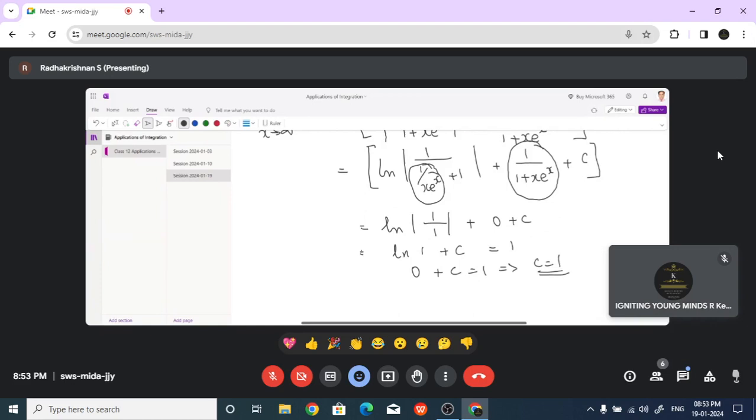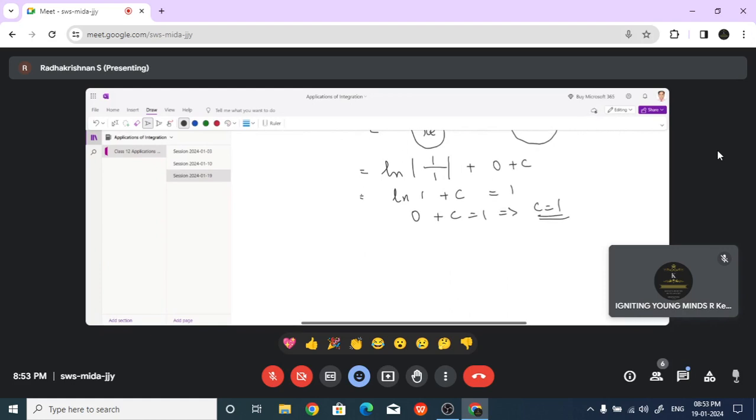Now we have to substitute and find out f of 1, or L of 1. So L of x is equal to ln of x e power x divided by 1 plus x e power x, plus 1 by 1 plus x e power x, plus c, which is now 1.